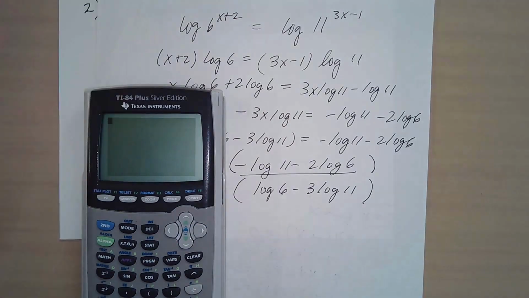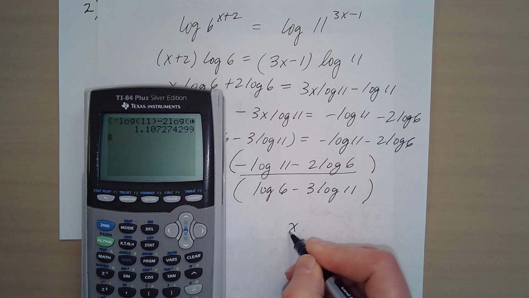So let's see. I know what I'm supposed to get. Minus log, bracket. Minus log 11, I have to close my bracket. Minus 2 log 6, close two brackets, divided by bracket, log 6, minus 3 log 11.